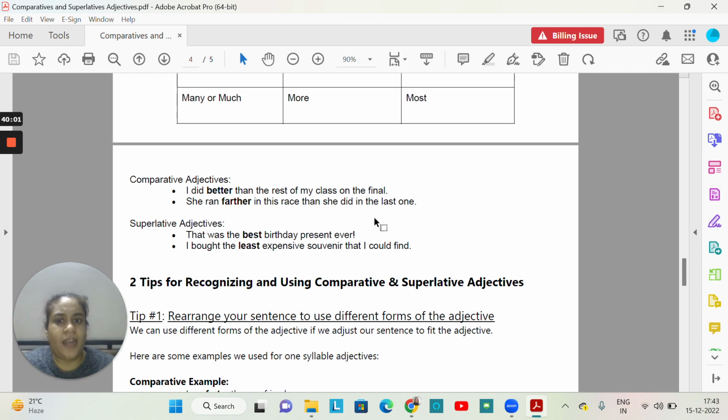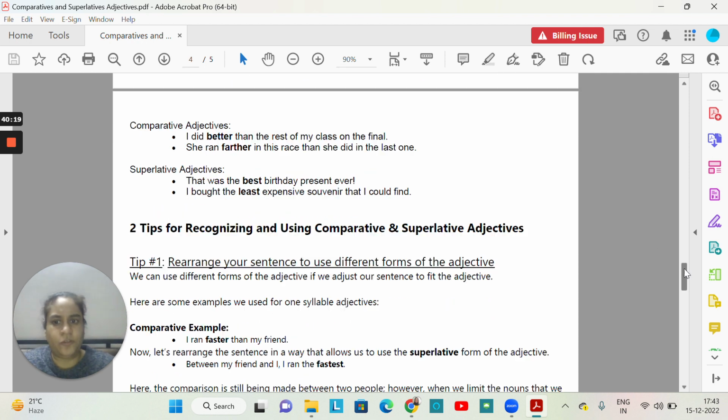Superlative: that was the best birthday present ever. Another one: I bought the least expensive souvenir that I could find. That means you did not spend a lot of money on buying a souvenir. You got the least expensive one. Superlative.